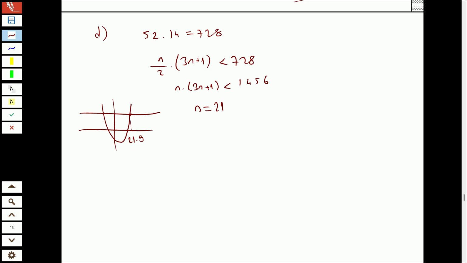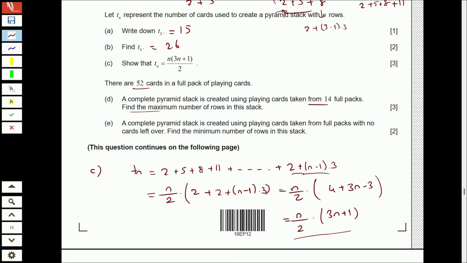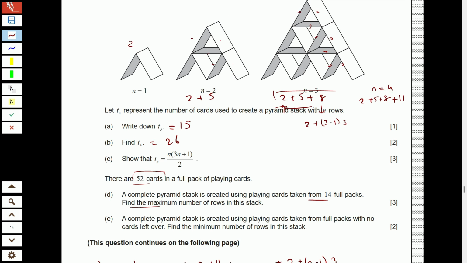A complete pyramid stack is created using playing cards taken from full packs with no cards left over. Find the minimum number of rows in the stack. So I know that there are 52 cards in a full pack of playing cards, and we want to complete a pyramid stack.